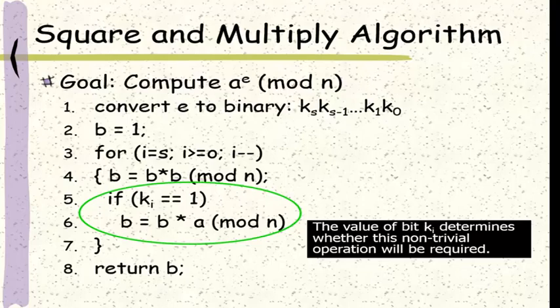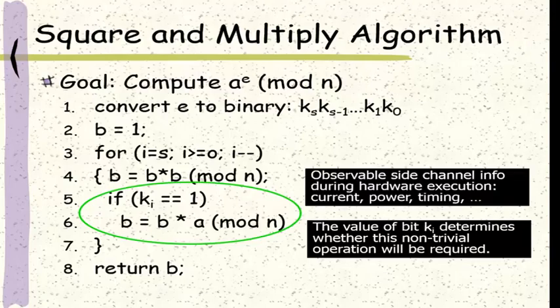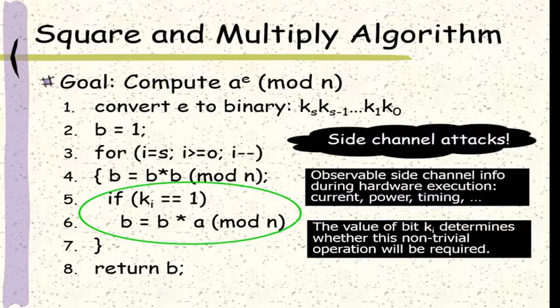This multiplication is a non-trivial operation, and its data-dependent execution variation can be observed through side channels such as power, current, and timing. We have mentioned that this might lead to side channel attacks that can reveal the value of the secret key. Now we will see how this can happen.